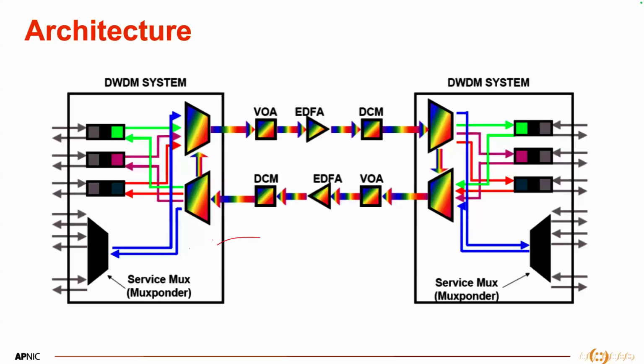And OSC is terminated from one node to another, point to point. So it cannot be point to multi-point. It cannot pass through any optical line amplifier, because if there is an optical line amplifier, the OSC has to be dropped there, and then it has to be regenerated from there again towards the next direction. So this is how the OSC works. We will have a discussion on OSC in later slides.